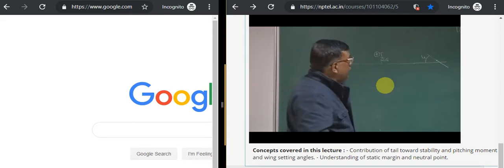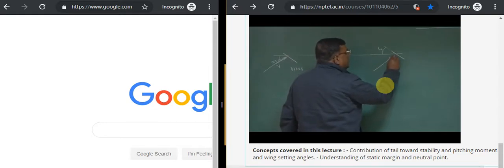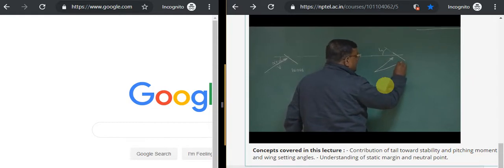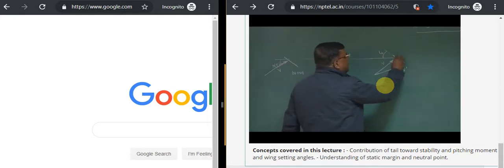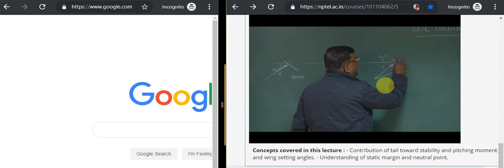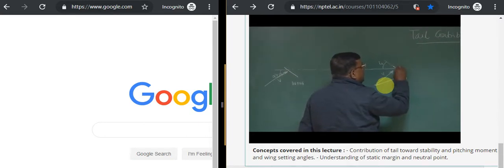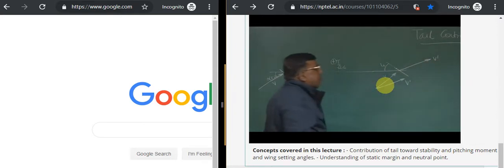So the velocity vector, which was free stream like this, because of the downwash gets tilted, and I call it V prime, and this is V. So if I draw here, I have to draw one line parallel to this, which is not the local velocity direction. The local velocity direction is the V prime direction. And the angle between these two is epsilon, which is the downwash.